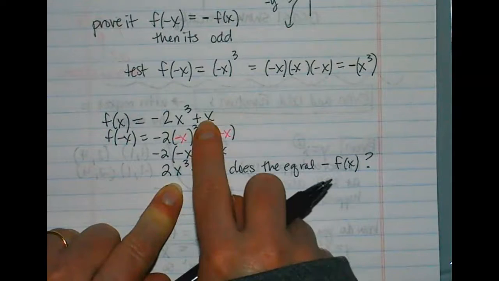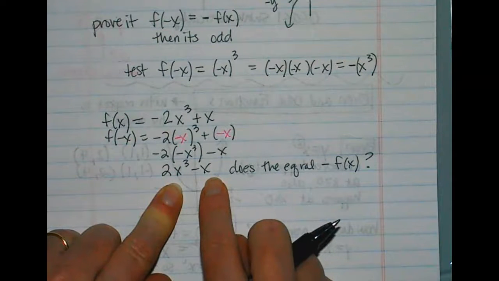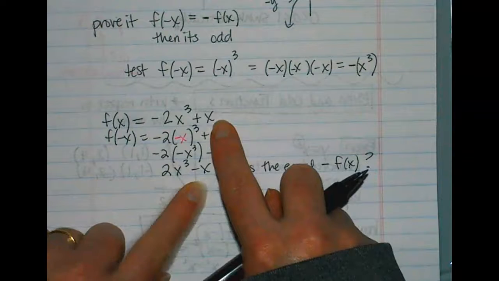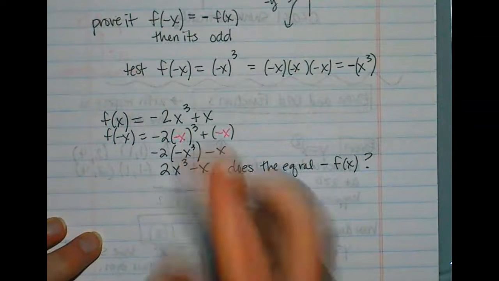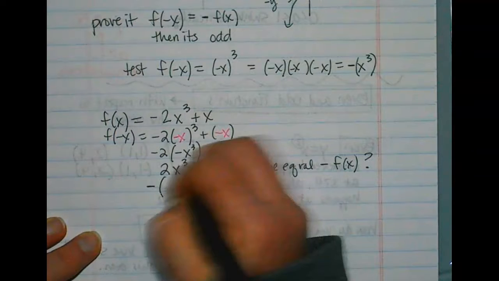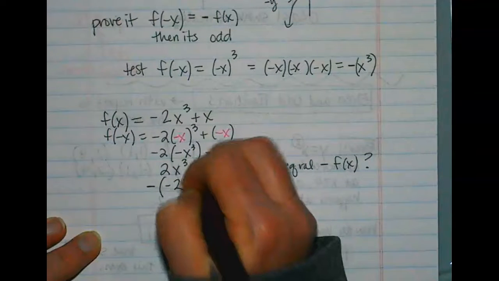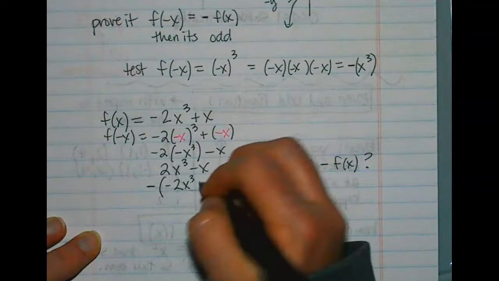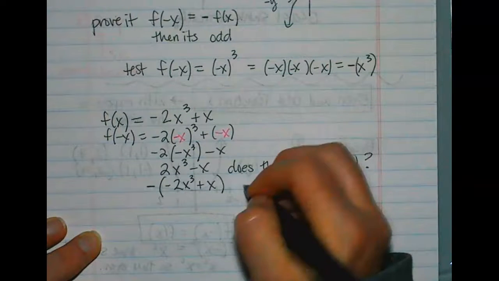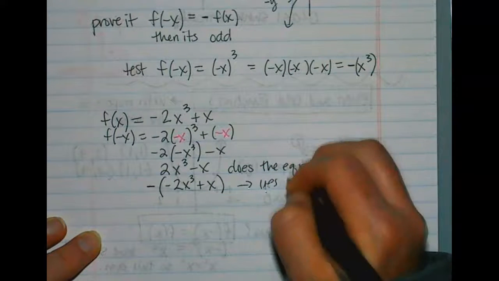If it looked exactly like this, it would be even. So it's not exactly like it because it has the wrong sign here and the wrong sign here. What if I take out a negative so I can put it in this form? If I take out a negative, it would have to be negative 2x cubed. Negative times negative, it would have to be positive x. And yes, this one is odd.